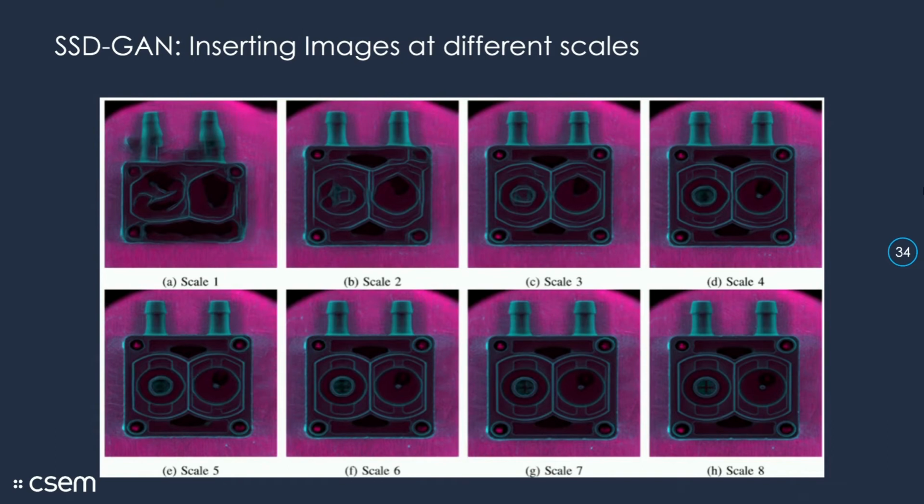As in SinGAN, you have this cascade of different scales, but instead of inputting the output of the previous scale, you can use your real image as input. This will create a difference, depending on the scale you input the image, of structural integrity and variability. Of course, if you do it on the lowest level, you lose a lot of information about the structure.